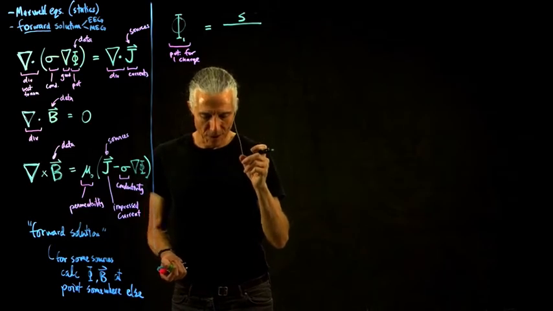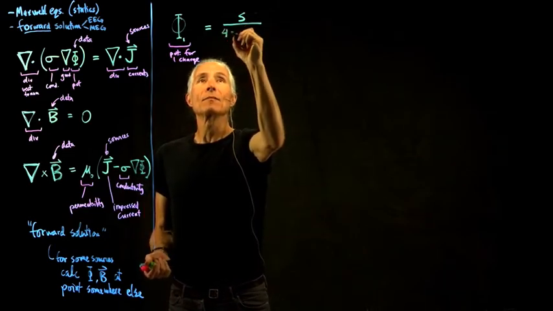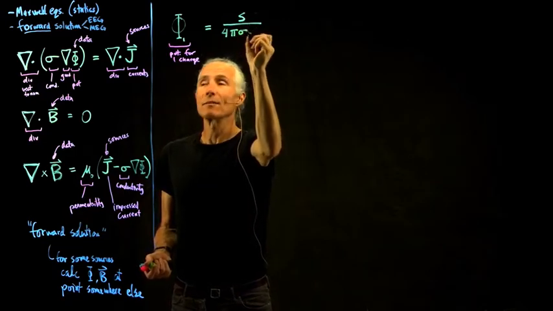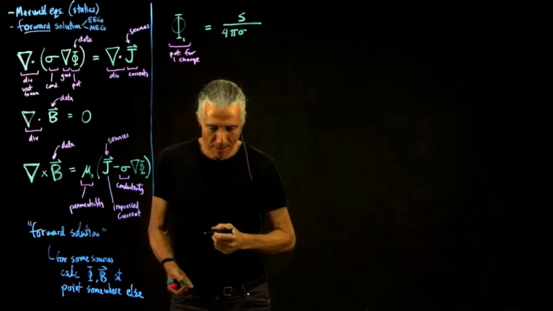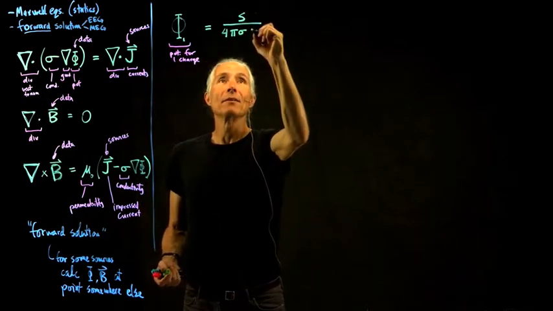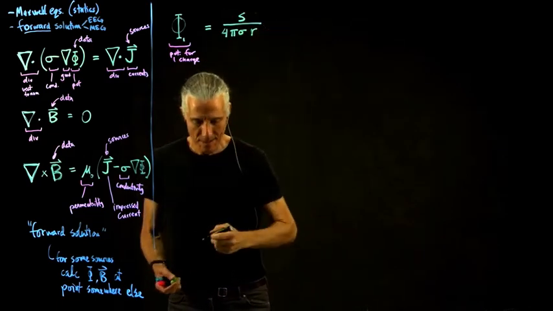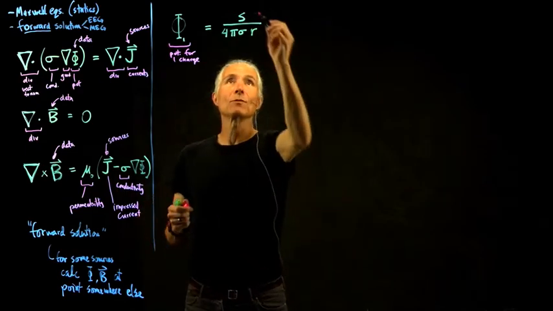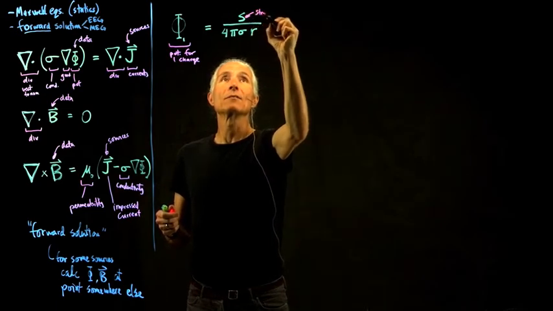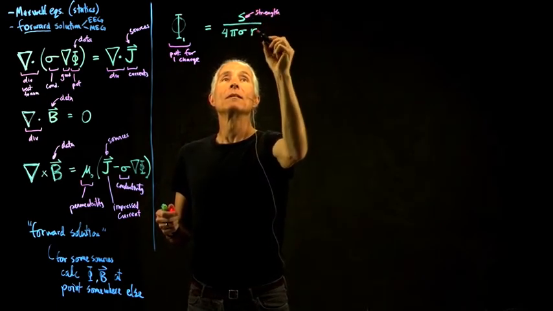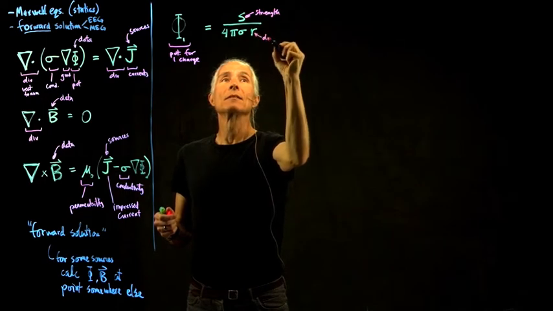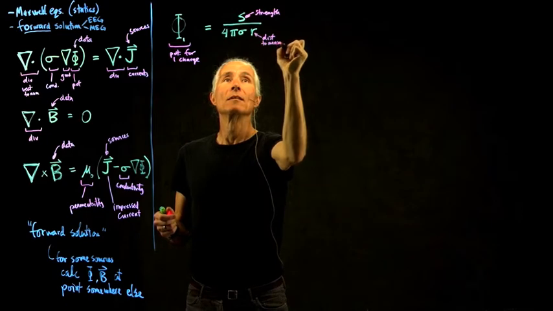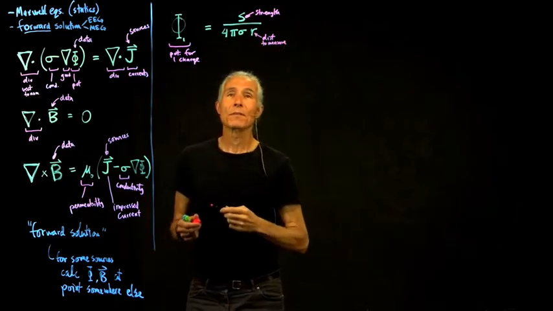Then it's over 4 pi times the conductivity, because you're in some kind of medium, and then you have the distance to the charge. So it's basically just inverse, not inverse square. This is the strength, and this is the distance to the measurement point. So that's a very simple thing.